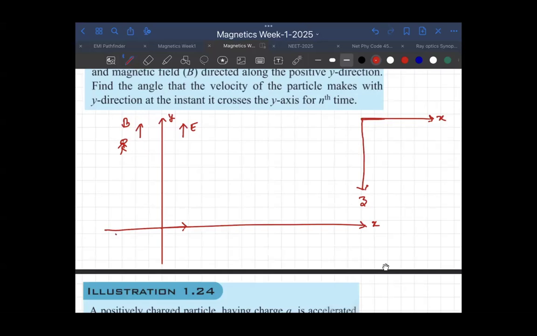You projected it like this. Now here in this diagram, central finger is along the x-axis, pointing finger upwards, thumb is downwards. Yes or no? Now what happens?